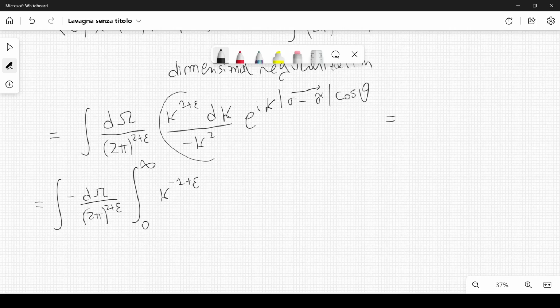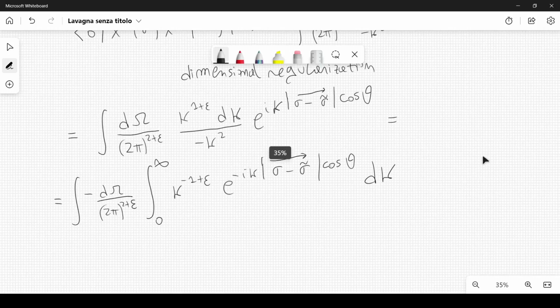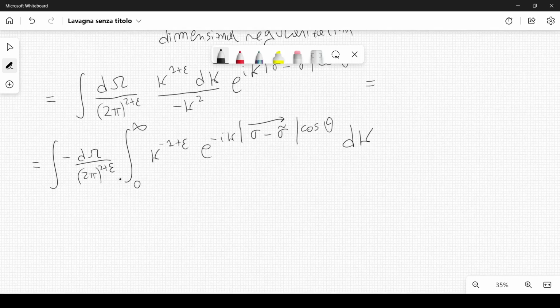So I'm putting these two together. So I get minus 1 plus epsilon e to the minus ik mod of sigma minus sigma tilde. And then here I have the cosine of theta dk. I'm putting dk here.